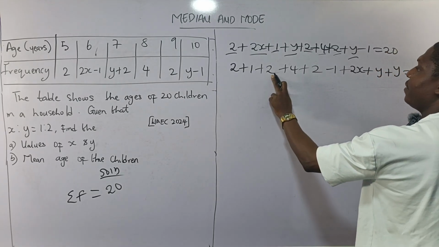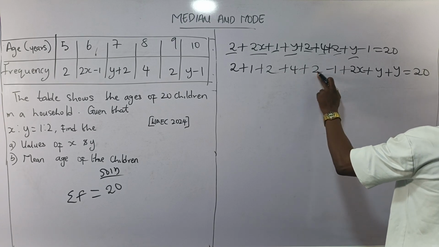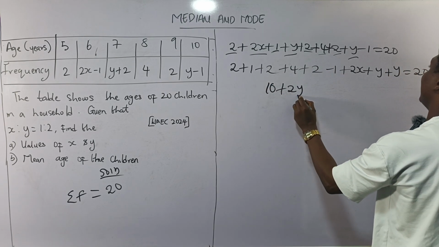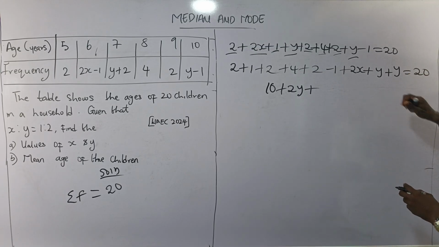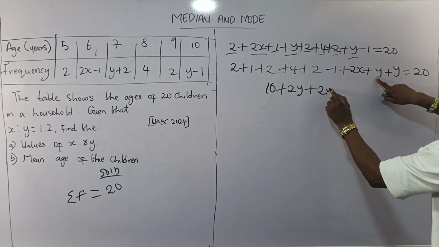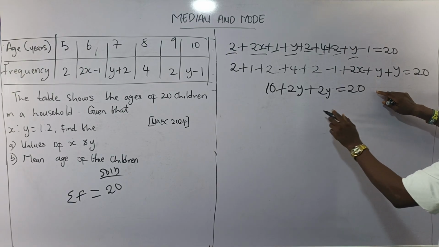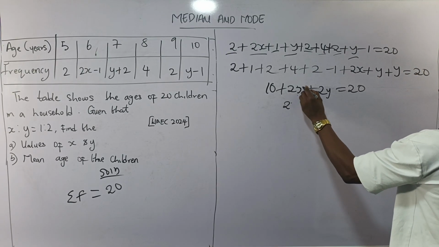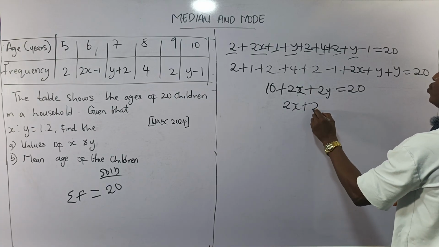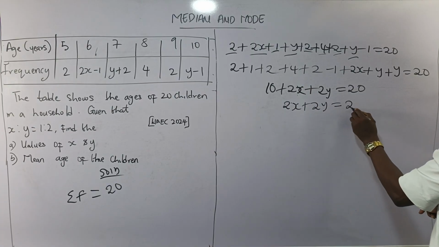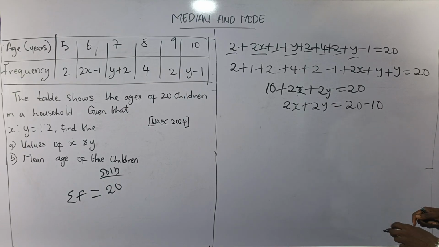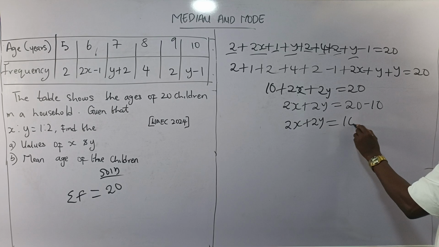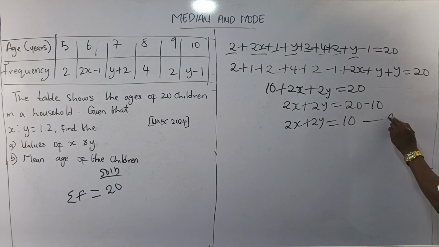So this will give me 5, 9, 10, 11, 10. So we have 10 plus 2y plus another 2y equals what? 20. It should be 2x. So I have 2x plus 2y will be equal to 20 minus what? 10. And we have 2x plus 2y to be equal to 10.